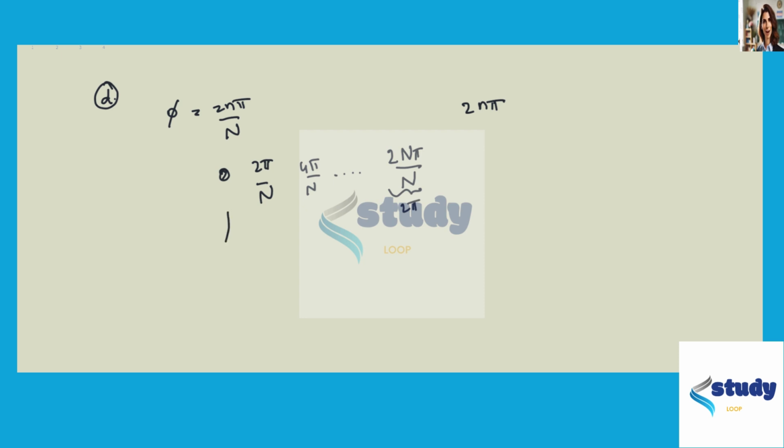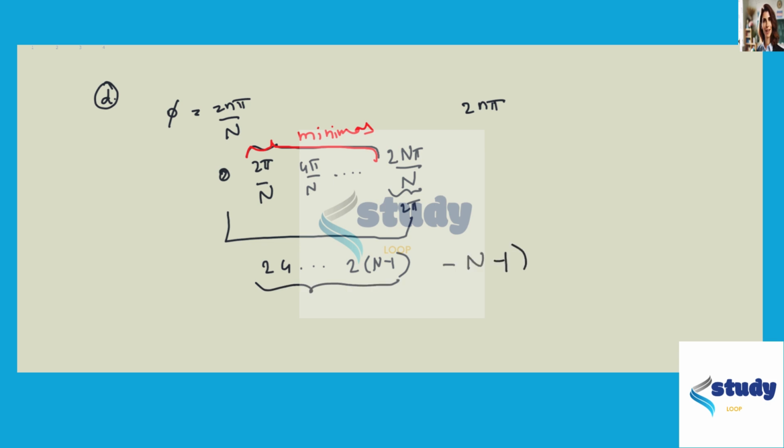Now these two are maximas, and if we count the number of points in between these two, those will be the minimas. They go from 2, 4, all the way to 2 into n minus 1. So there are totally n minus 1 minimas in between any two maximas.